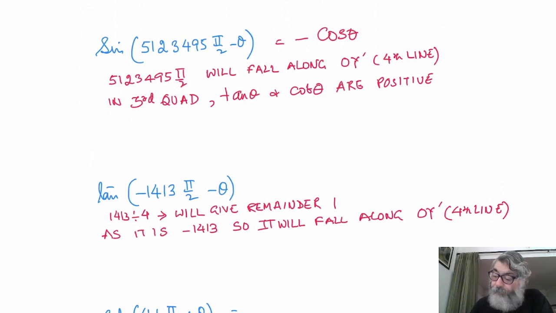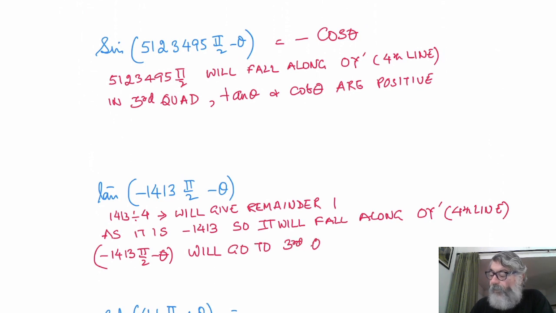Minus 1413 pi by 2 minus theta will go to the third quadrant. In the third quadrant tan theta is positive. So tan theta will change to cot theta.